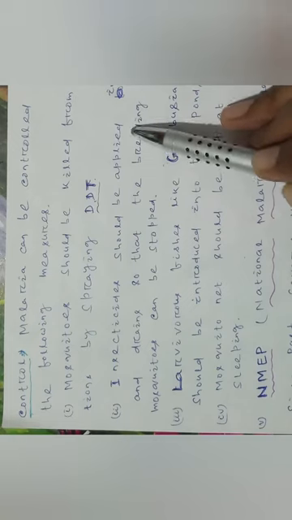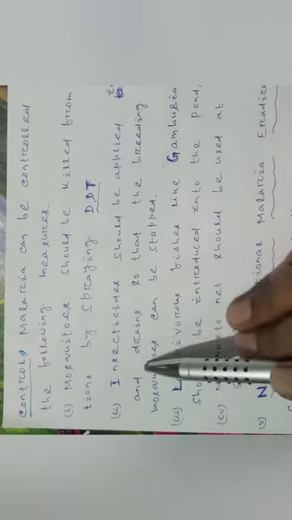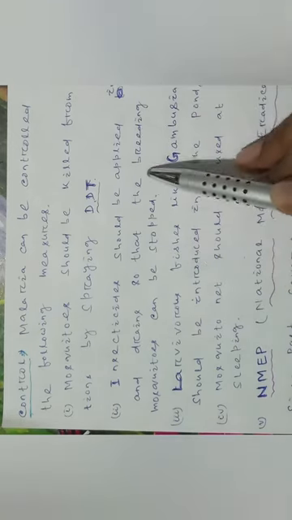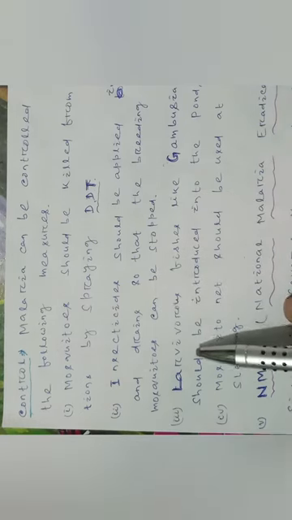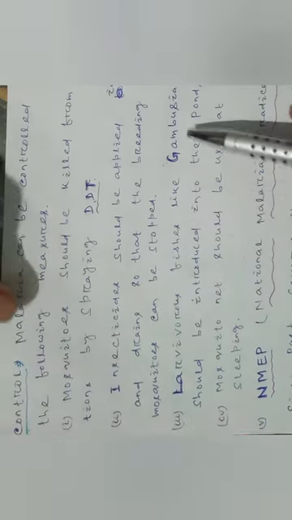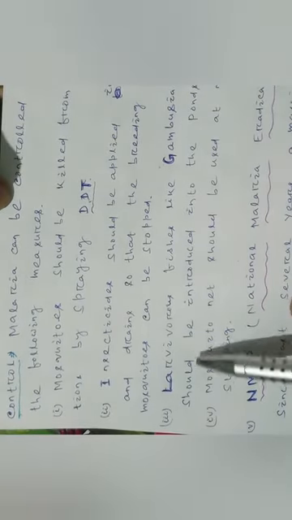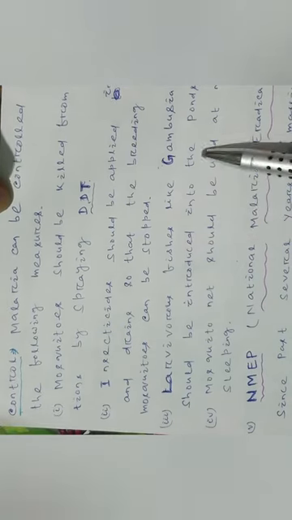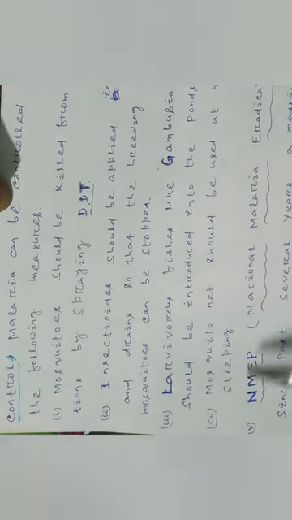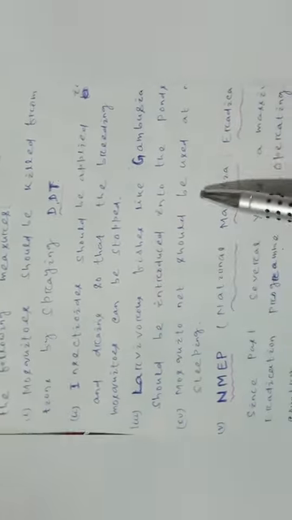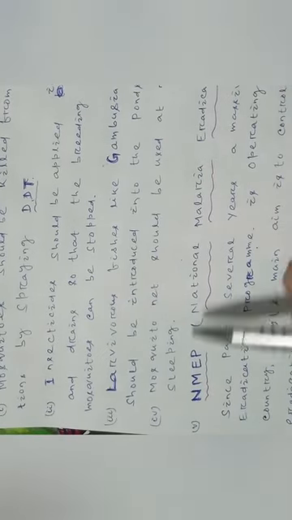Insecticides should be applied in ditches and drains so that the breeding of mosquitoes can be stopped. Larvivorous fishes like Gambusia and Lebistes should be introduced into the ponds and drains. The mosquito net should be used at night while sleeping.